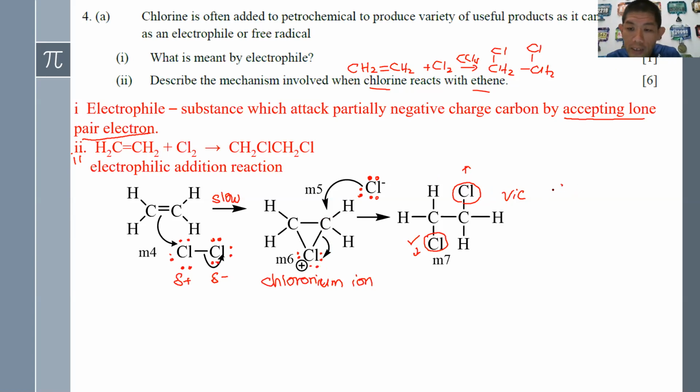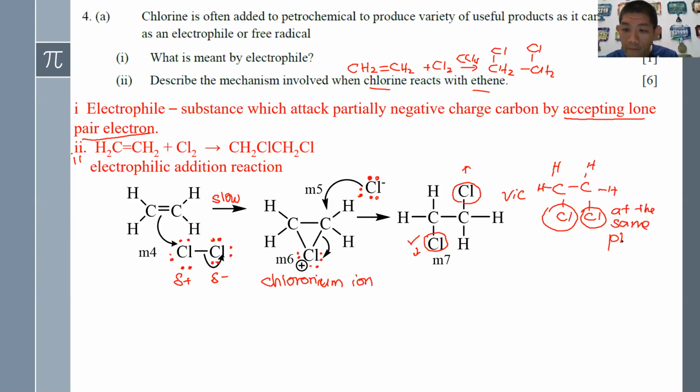Teacher, is it wrong if I draw both Cl at the same side, like the one that you see in here? Can I draw like this or not? I do not recommend that you draw both Cl at the same side, especially in a mechanism, because a mechanism talks in detail about how a molecule is formed. So try your best to write in the trans manner for the molecule with Cl. Why can't you have both Cl at the same plane?